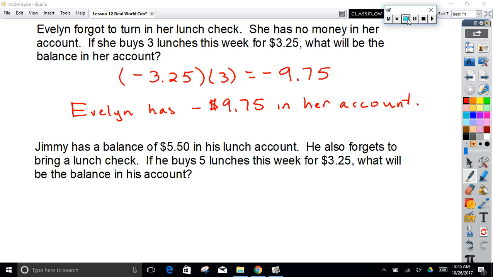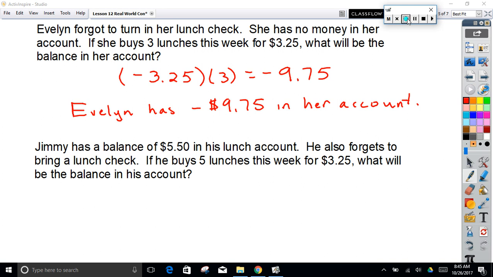I did 3.25 times 2, got 6.50, and subtracted it from 5.50. And then I did the same process, got 7.50, and then I added one more 3.25 and got 10.75. Okay, good. So you figured out 2 lunches at a time basically and subtracted it from the 5.50. Okay, good, that works.